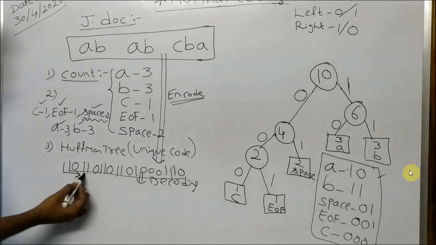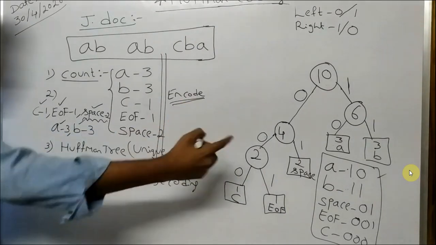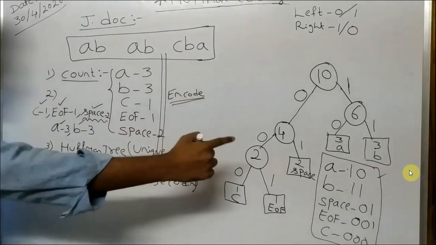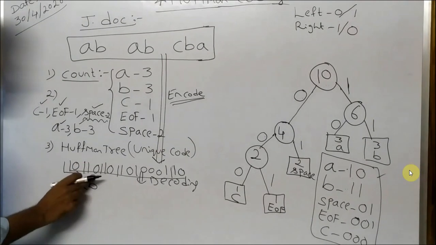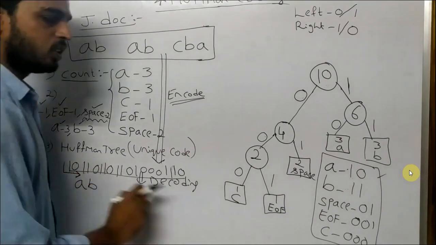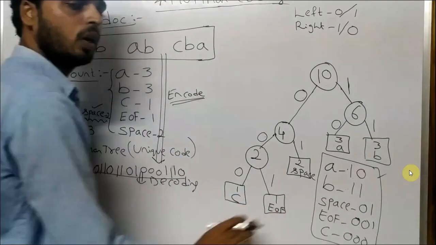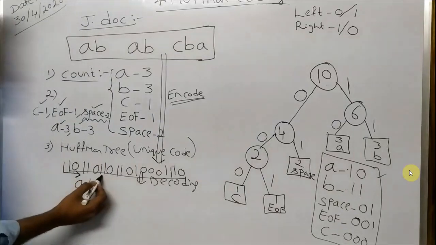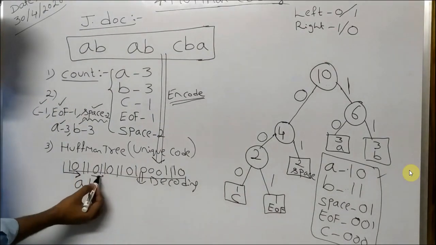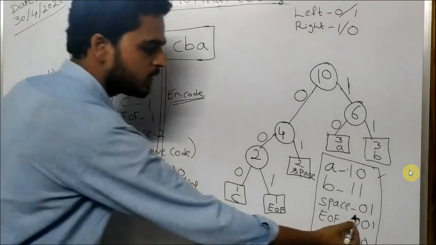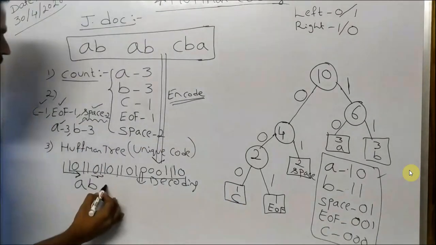Next I will take 1. Yes, there is an ambiguity between A and B. Then I will take 1. Yes, there is an exactly matched character. So I will take B. Next I will start with character 0. When I start with character 0, here I am getting ambiguity. So I will take the next one, 1. 0, 1 matches with space, right?